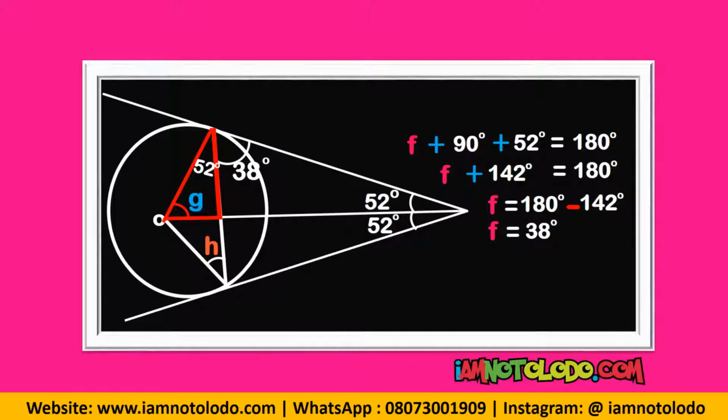So what that means is G plus 52 plus this invisible 90 degrees must equal 180 degrees. So all we have to do is to say G equals 180 degrees minus 52 plus the 90, which is 142. So when you subtract it, it will give us 38 degrees. So G is 38 degrees.